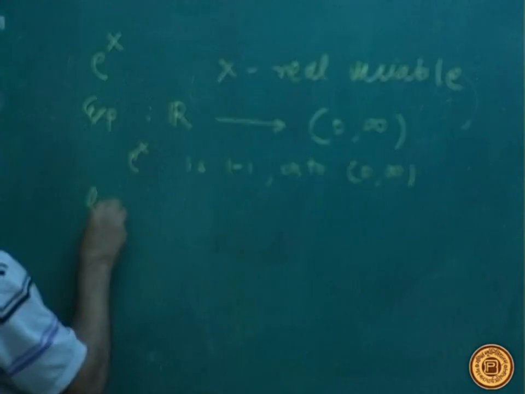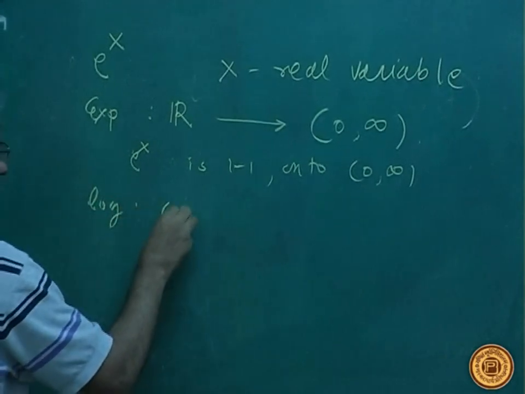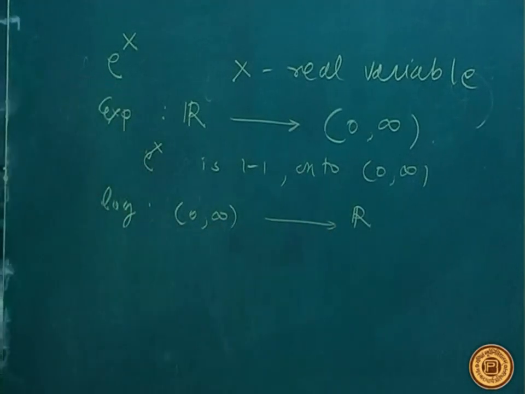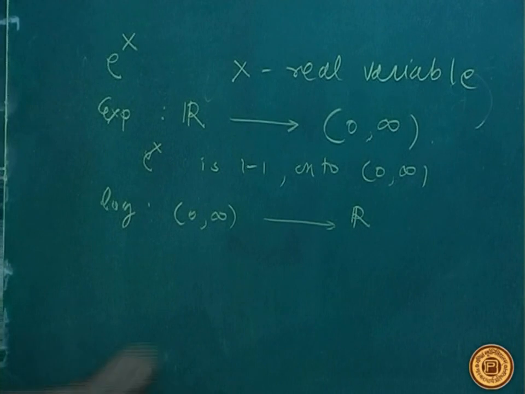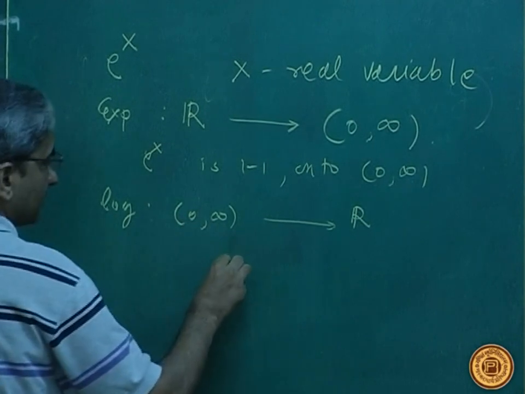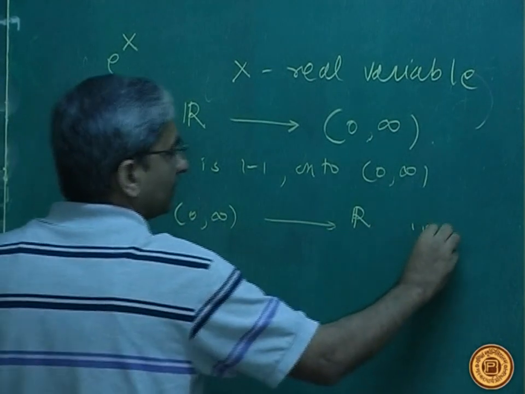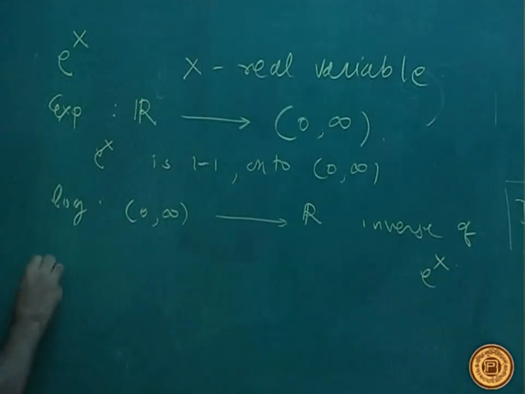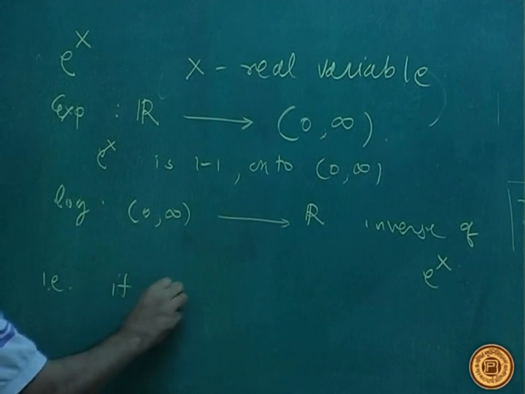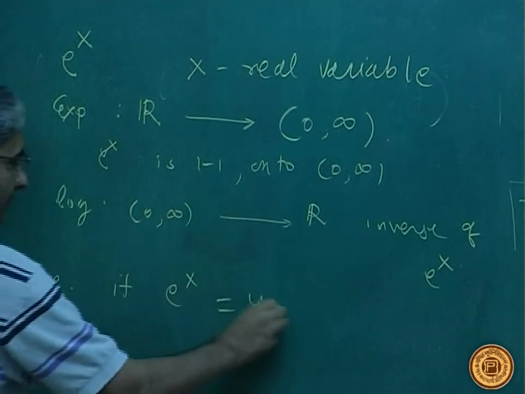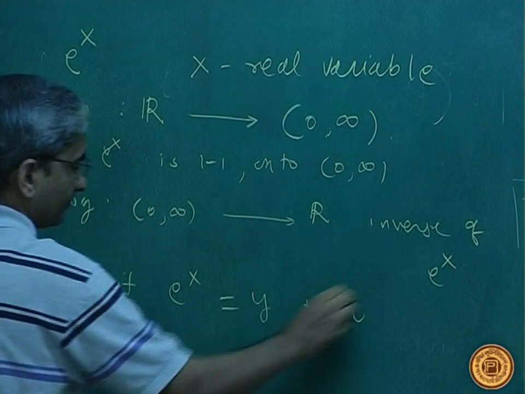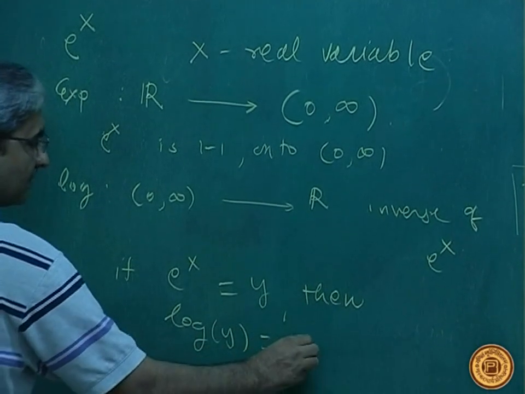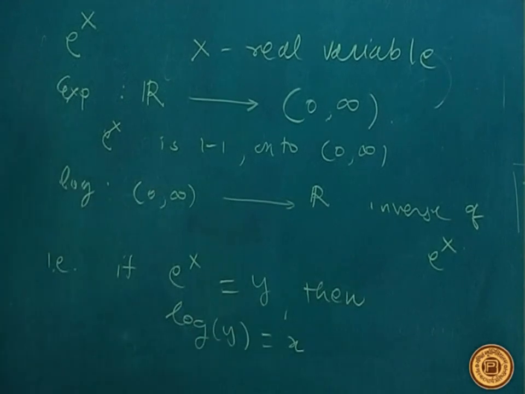This inverse is normally called the logarithmic function, and that is from (0, infinity) to R. So this is the inverse of e raised to x, the inverse of the exponential function. That is, if e to the power x is y, then log of y is x. It means if and only if, in fact.